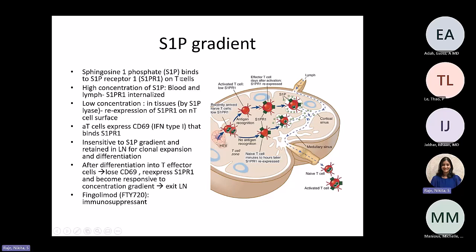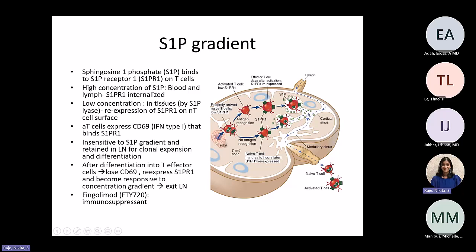This receptor is present on the T cells. So the rule is that cells with this receptor move towards the gradient. If there is a high concentration of S1P, like in blood and lymph, the S1PR1 can interact with it, but then gets internalized.